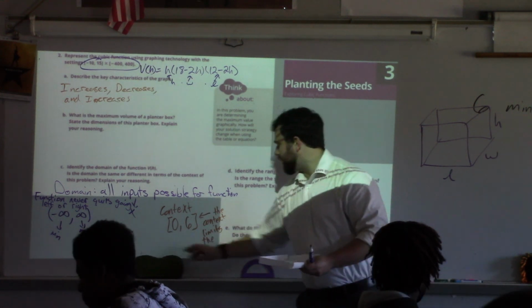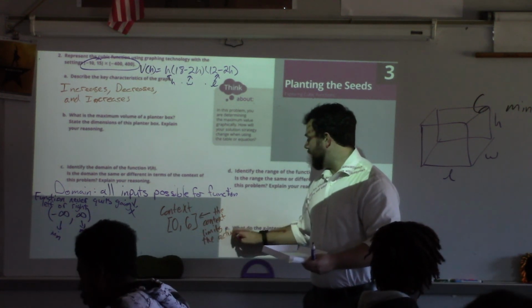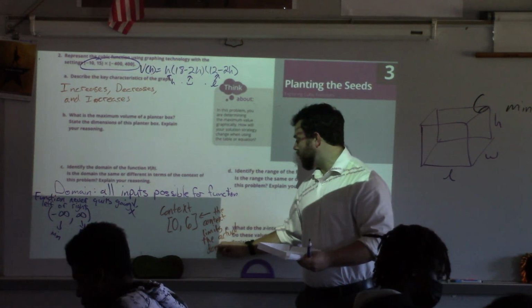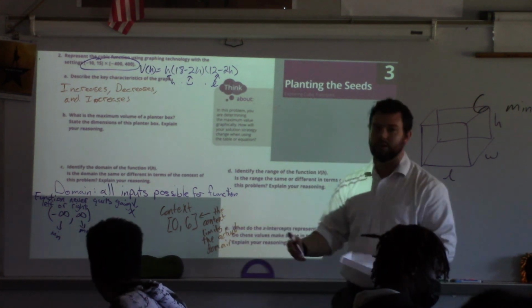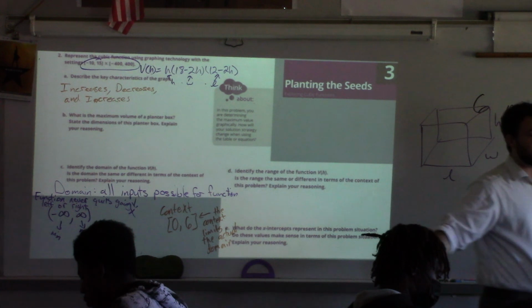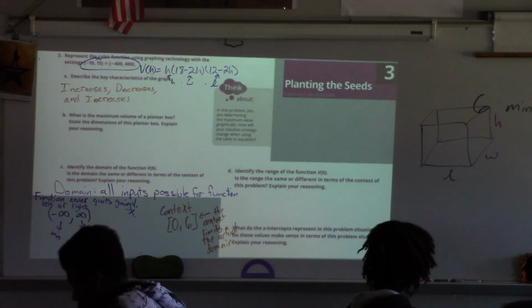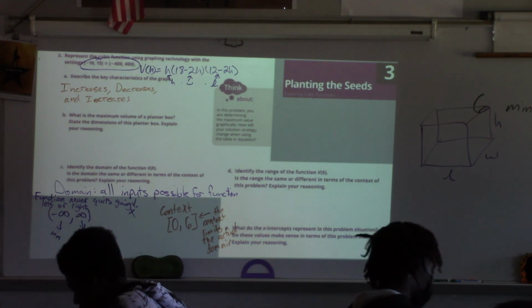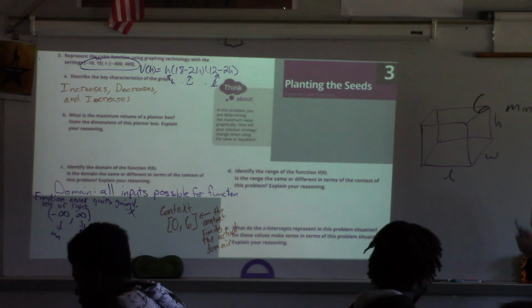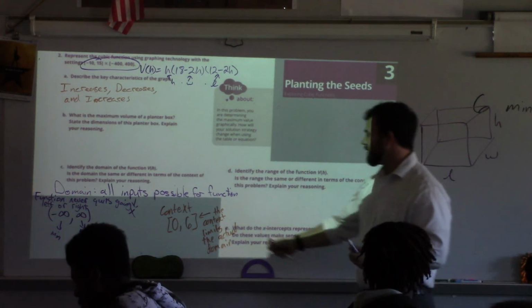the actual domain. So we have a domain for just the general polynomial function, the general cubic function, but if we include the context, that context can change things. And that's an important distinction to have. That function could continue forever, f of x could. But v of h, the volume, no, we're going to have to limit that domain.